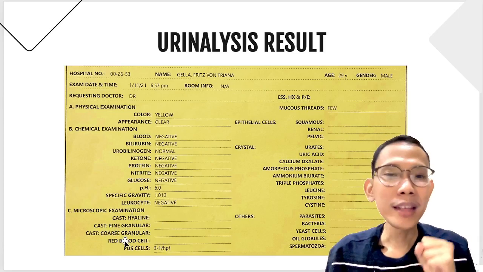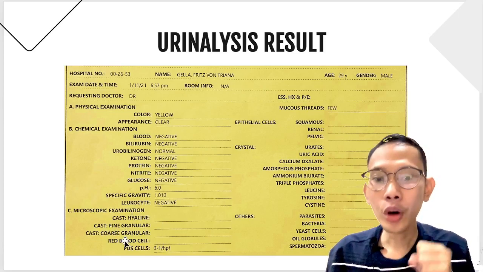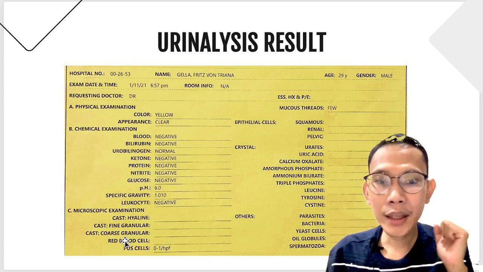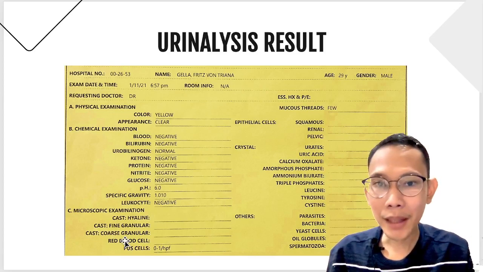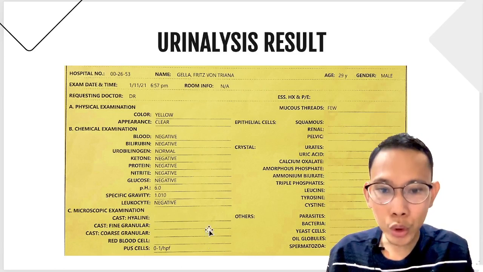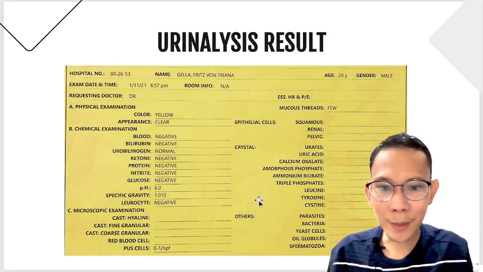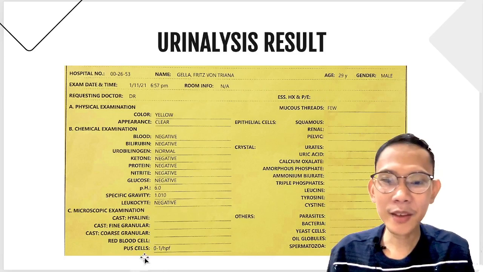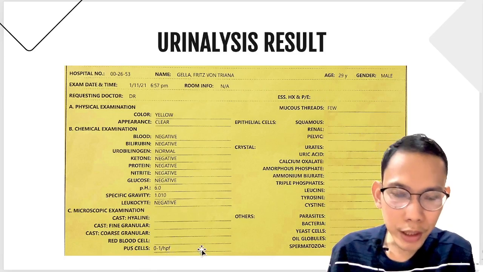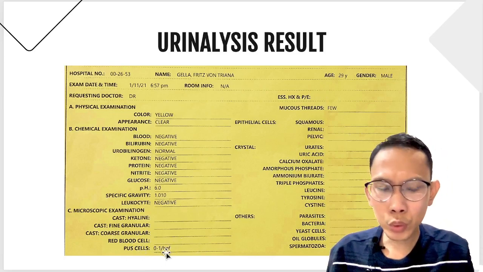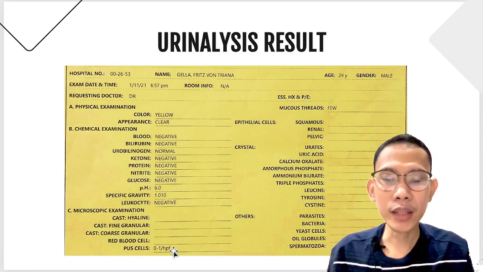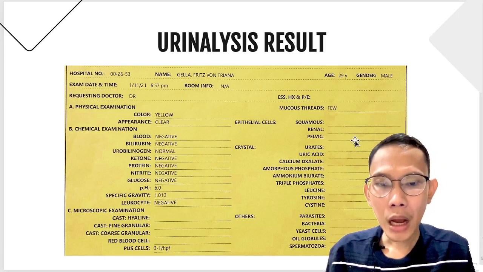You have already been discussed by Sir Kuday on how to identify these different urinary sediments. Now the question is, how do we make the report? For example, pus cells of 0 to 1 per high power field. So why 0 to 1? Why is it not a total count? Later on, we will understand the correct way of reporting these sediments.